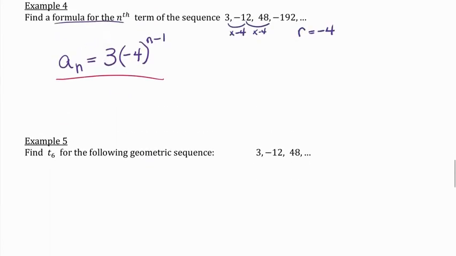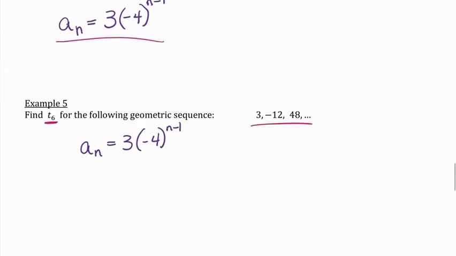Okay, so let's use our rule we just came up with, and we want to find T6 or A6, whichever letter you use, that's totally fine. Same sequence we had in the previous problem. So we gave our rule as a sub n equals 3 times -4 to the n minus 1. So we're going to plug in the stuff that we know.